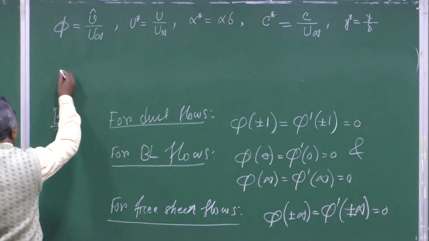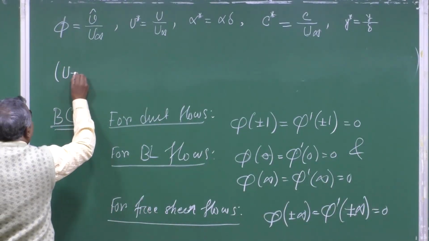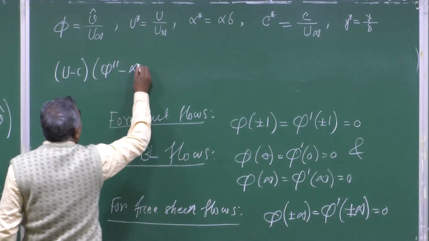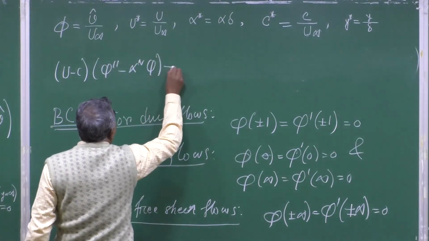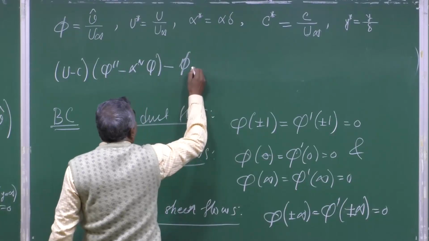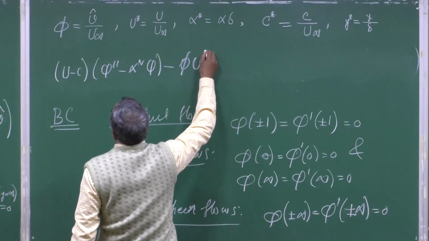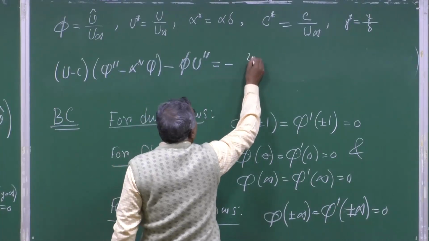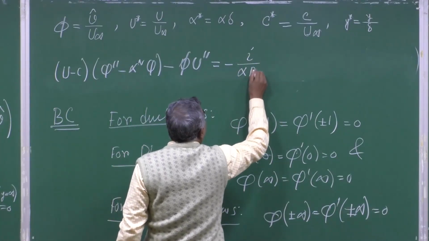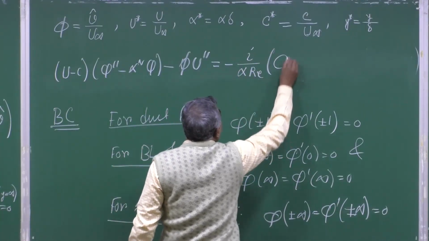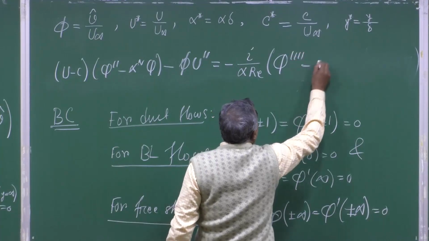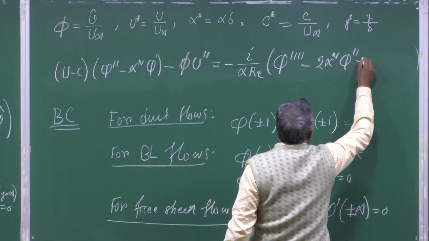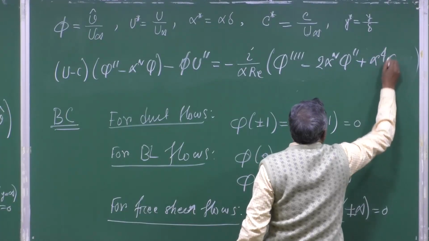u minus c phi double prime minus alpha square phi minus phi u double prime equals minus i divided by alpha RE, then phi minus twice alpha square phi double prime plus alpha to the power 4 phi.